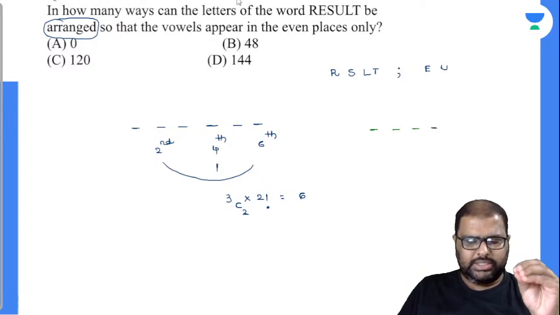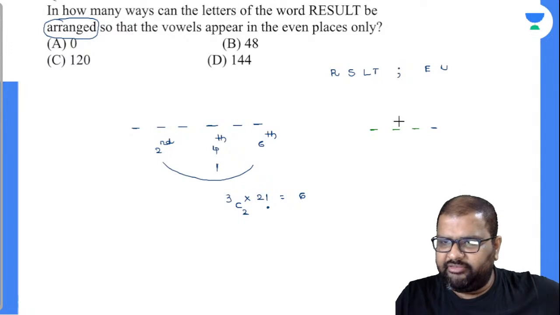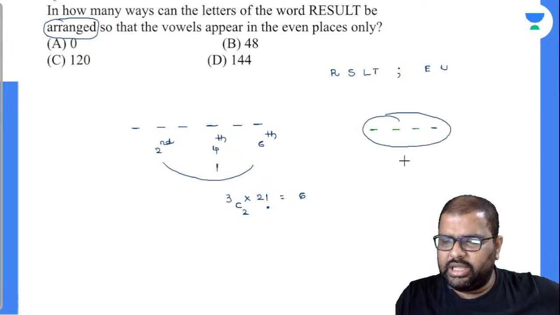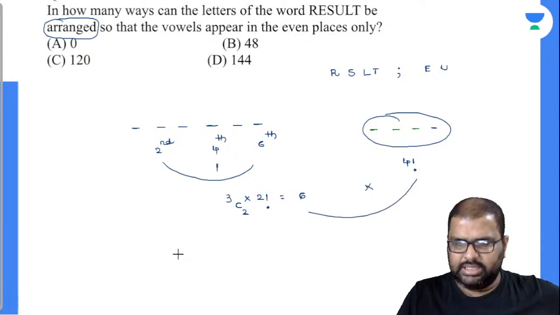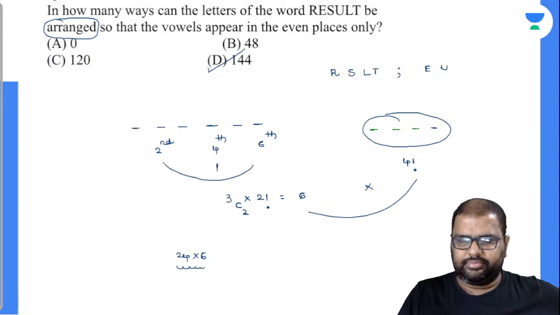They didn't ask anything regarding odd positions. Totally 4 slots are left over. These 4 slots I have to arrange with 4 alphabets, 4 factorial. So 4 factorial is 24, 24 into 6, and my answer ends with 4, and there is only one such option. So this is 144.